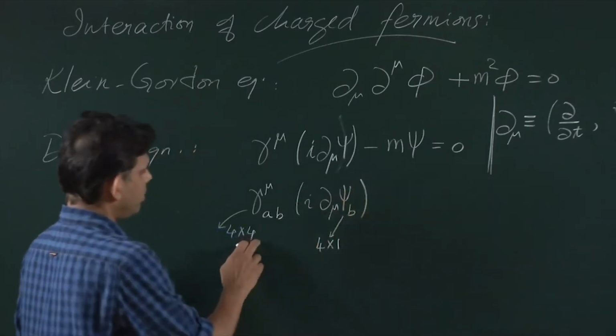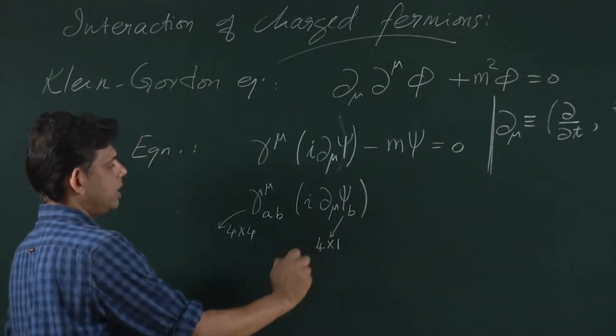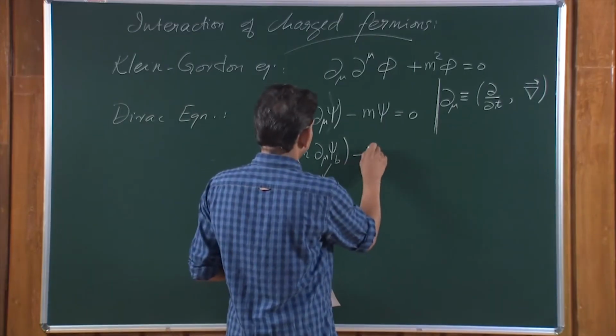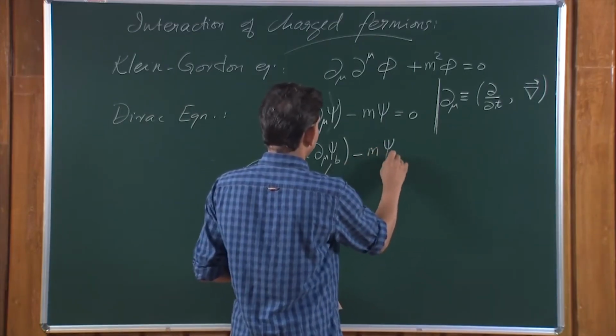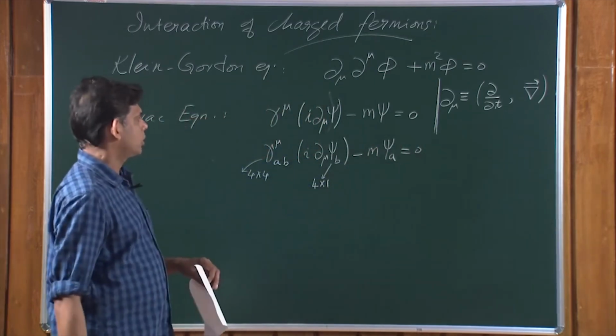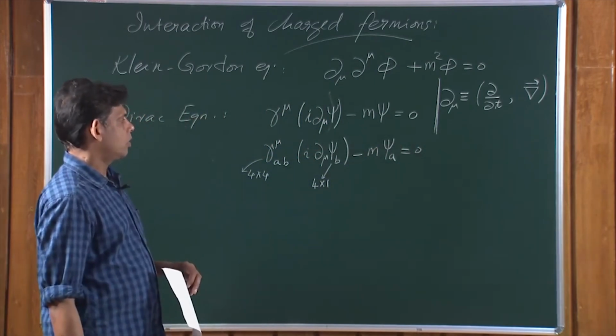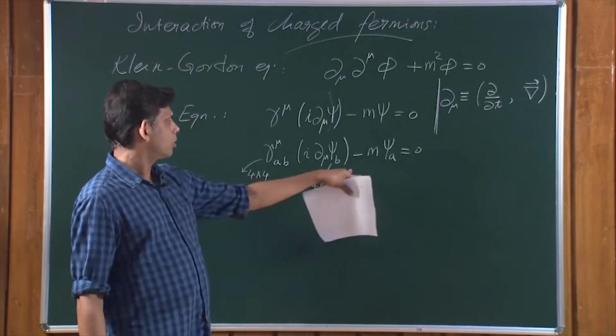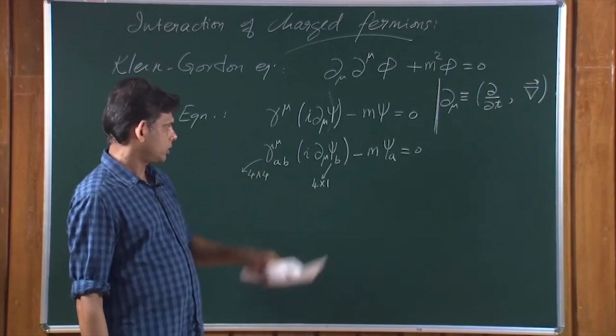So, you have a 4 by 4 matrix multiplying a 4 by 1 matrix, minus m psi a. So, this is for each component of psi and a component of this product.